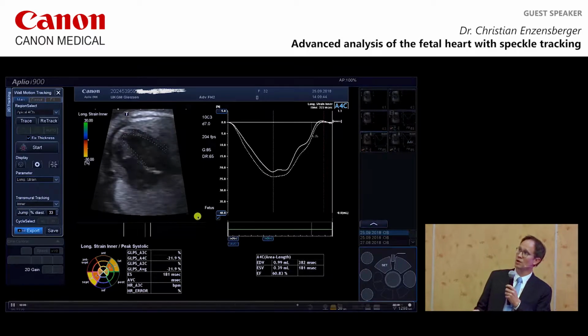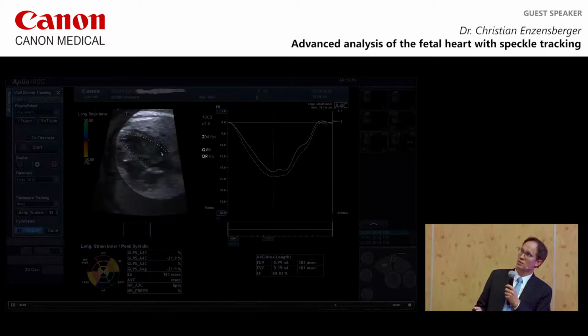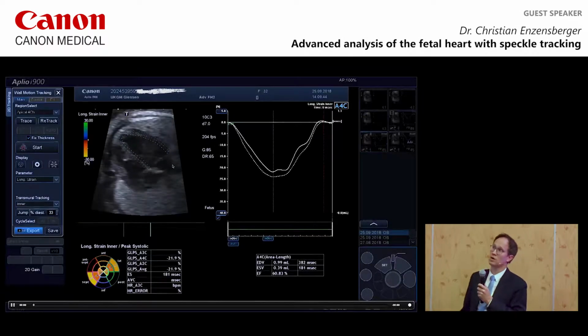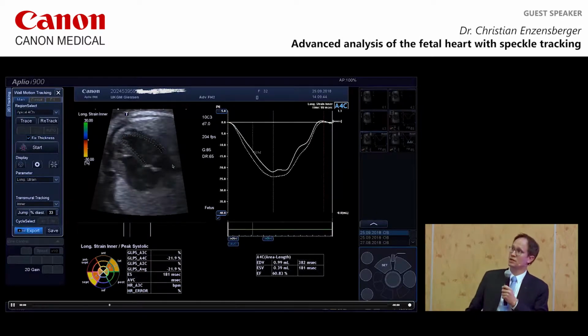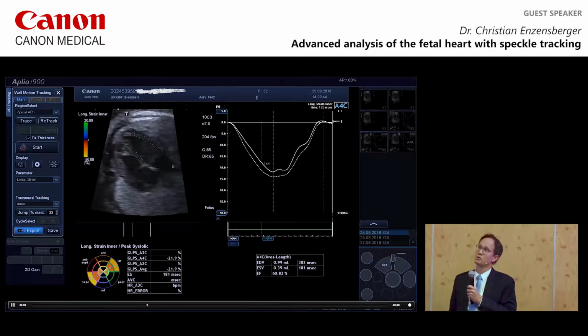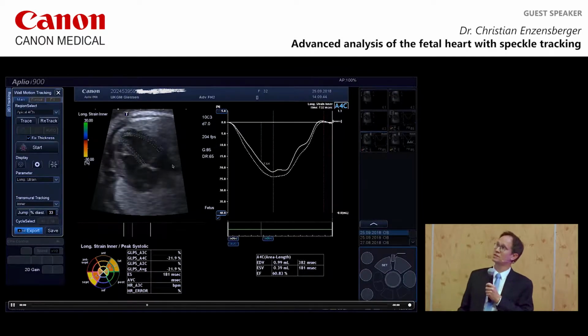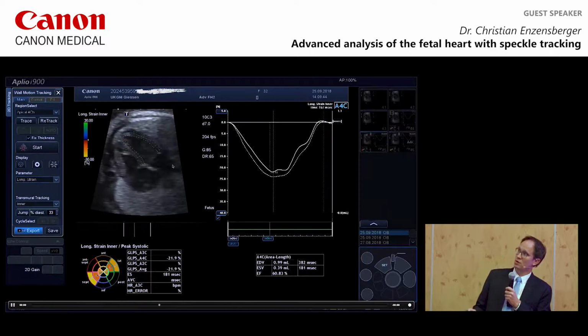Here you can see the dynamic tracking on the left. There you can prove that your tracing was quite a good one. Sometimes you will not get it the first time, so you can check it here. And on the right side, you get all the longitudinal strain during the cardiac cycle.